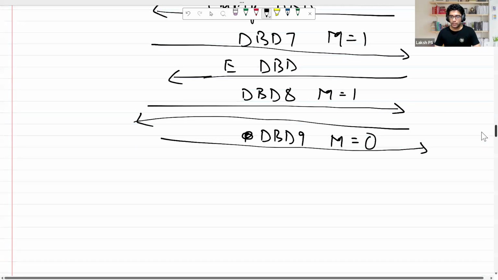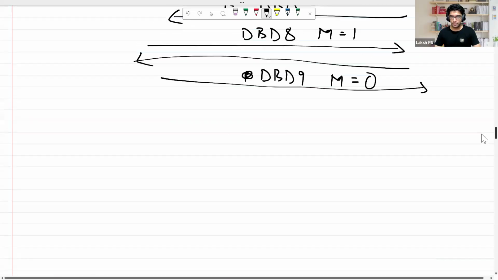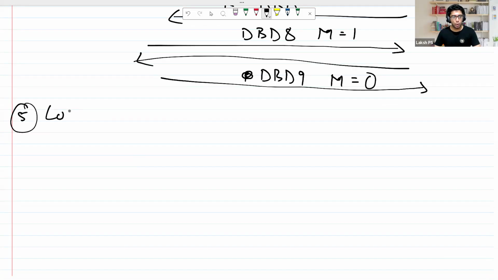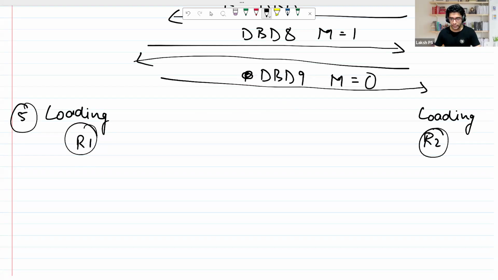Now, after your DBDs have been exchanged, the two routers go into a state called the loading state. Both the routers go into the loading state. With the DBDs that they have received, R1 has received R2's DBDs, and R2 has received R1's DBDs.